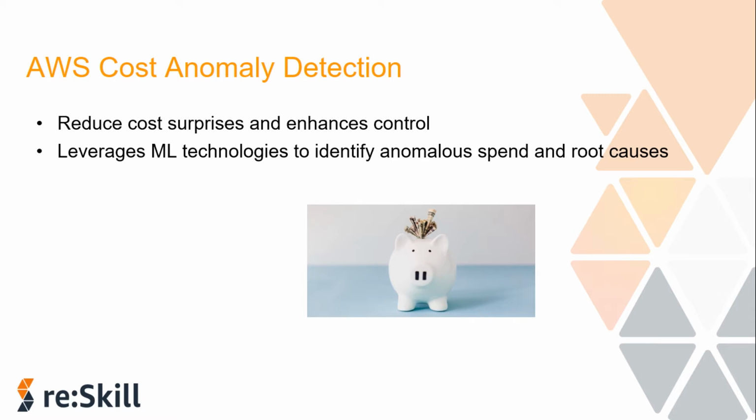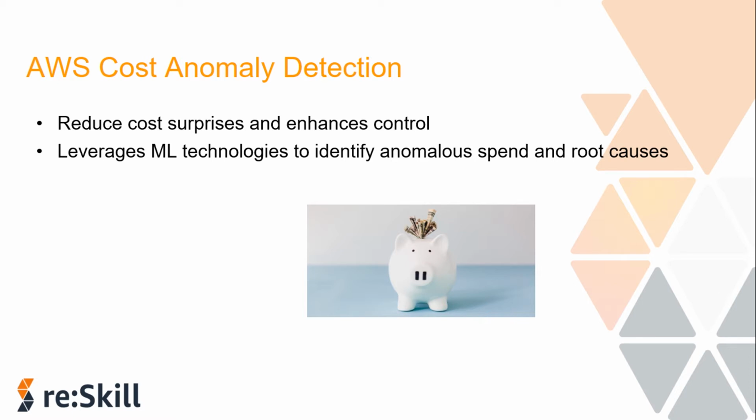You can also save time on investigating the spend anomalies by receiving the automated root cause analysis, pinpointing the potential cost drivers such as usage type, for example any kind of data transfer cost, then specific AWS service or maybe a region, and any member accounts in the AWS organization.